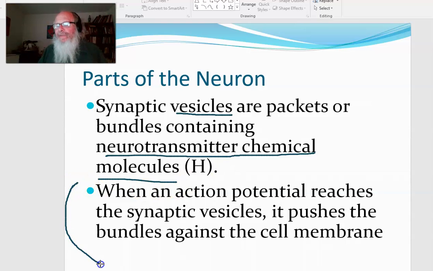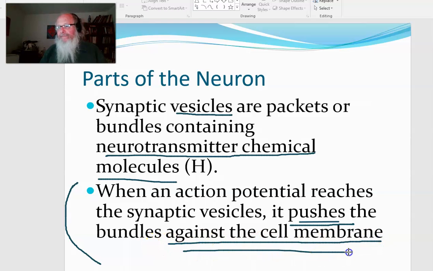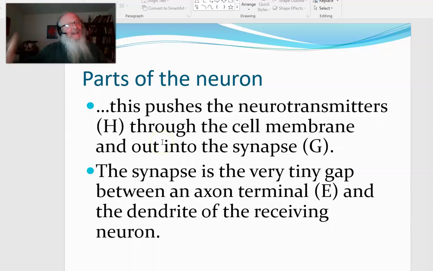So when an action potential reaches the synaptic vesicles, the action potential, the electrical current that begins at the head of a neuron and travels down the axon to the axon terminals, where the synaptic vesicles are hanging out, it pushes those bundles that are the synaptic vesicles up against the cell membrane. Where do we get the name?